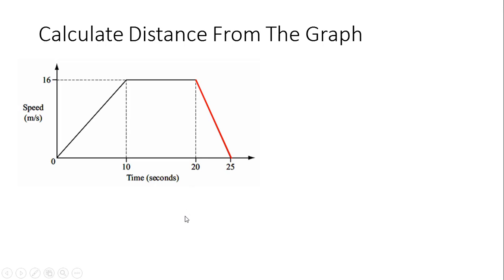And then we have the second triangle when the speed decreases until it stops. I make it red so you will know that this is from top to bottom, not bottom to top like the first triangle. The time needed to stop from 16 m/s to 0 is 5 seconds, from 20 to 25.